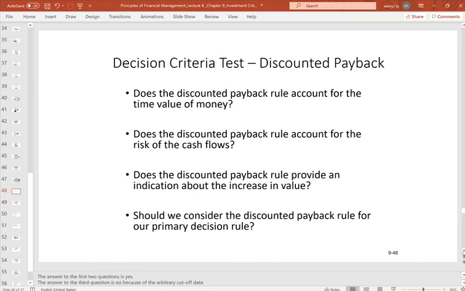Okay, now let's pay some attention to this method. Our discounted payback period is now improved with the time value of money.